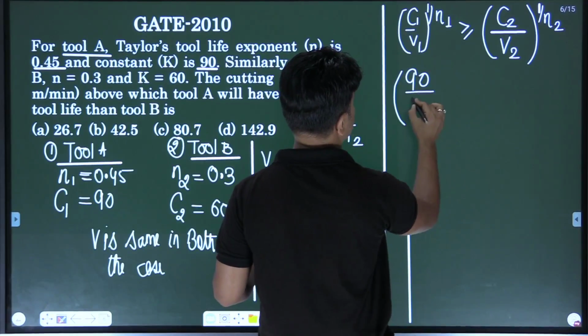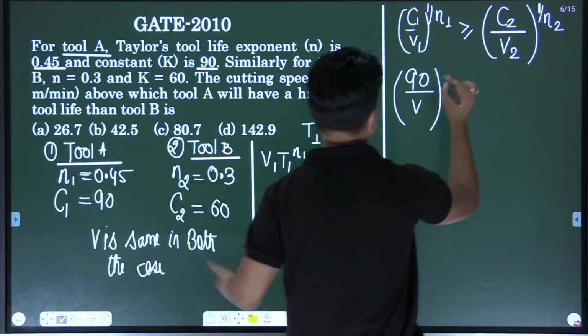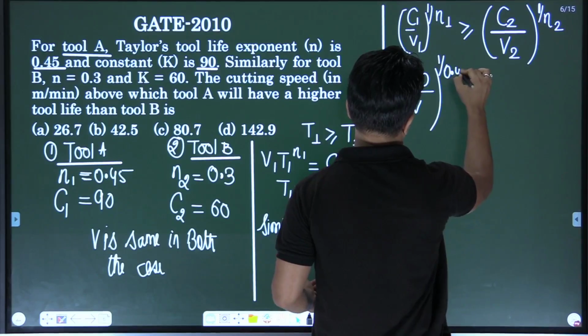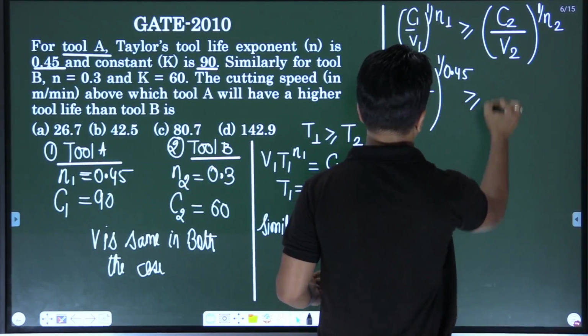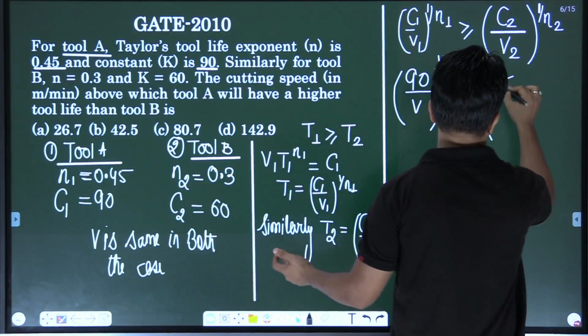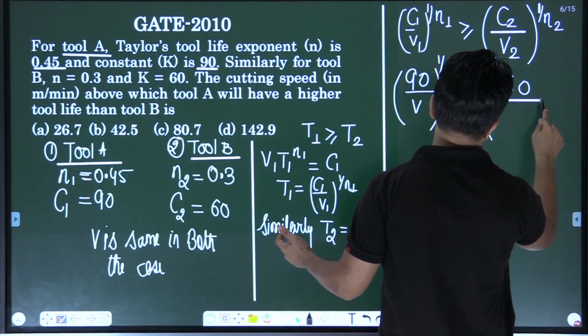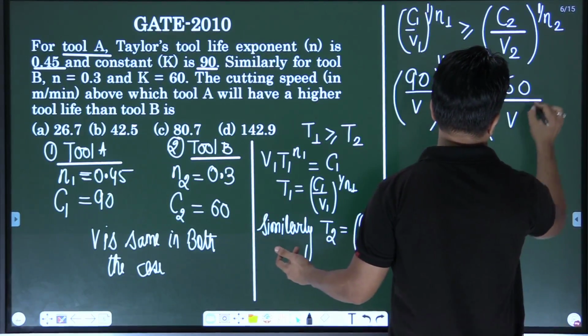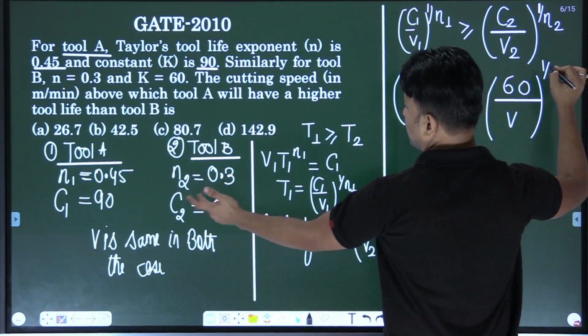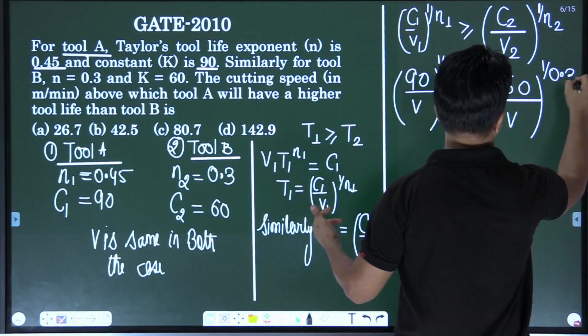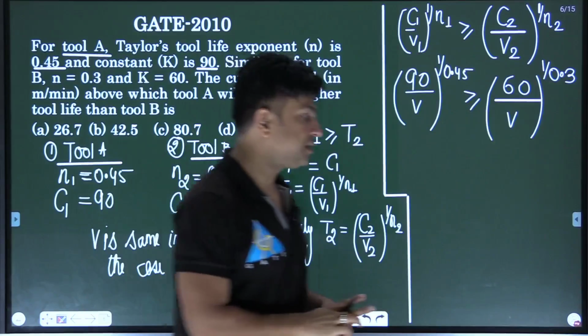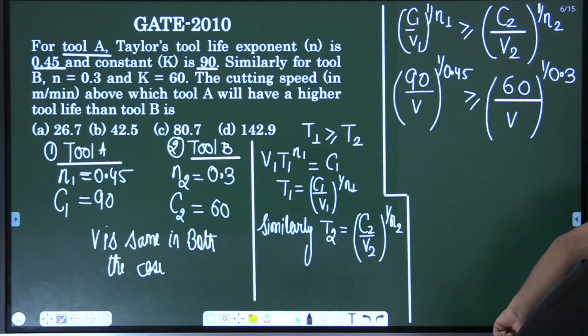Velocity is the same in both cases, V. N1 is 0.45, so 1 by 0.45, greater than or equal to C2, that is 60, divided by V to the power 1 by N2, which is 0.3. So you can calculate the velocity, right?